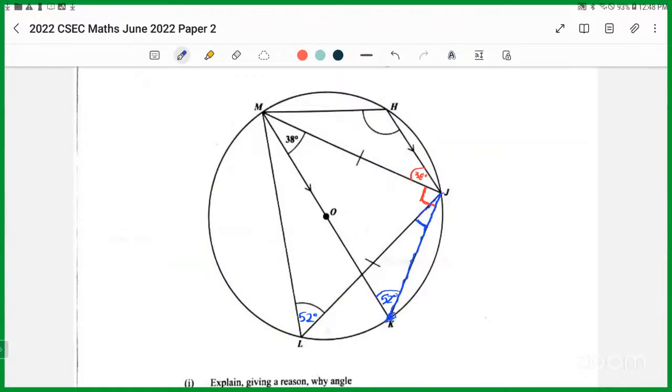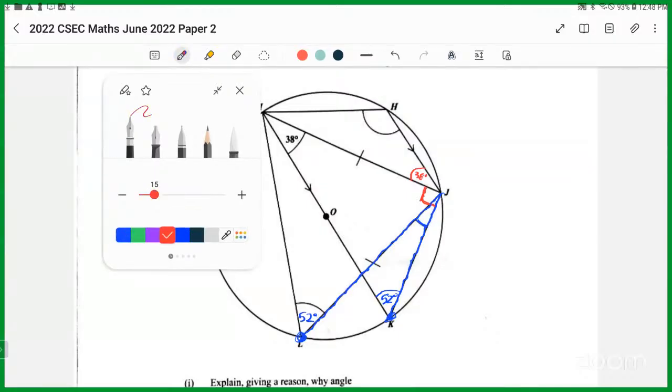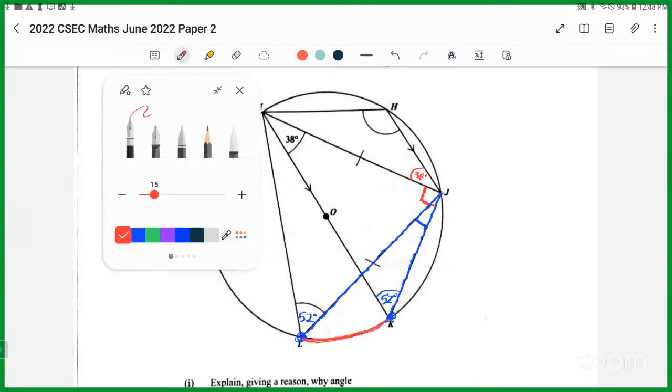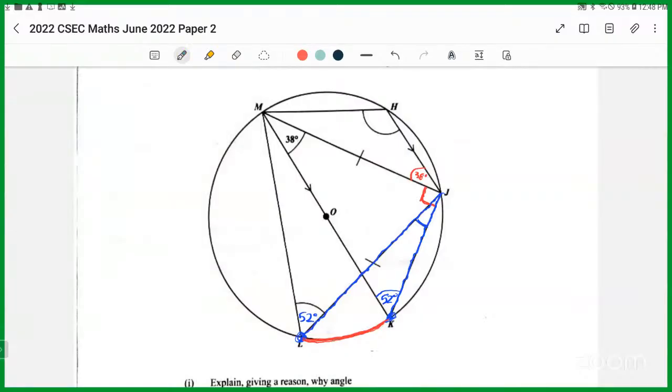Don't stop here. You're coming back until you reach the circumference to see what is subtending the angle. What is subtending that angle is this arc right here. What else is that arc subtending? That same arc is subtending this angle up here.